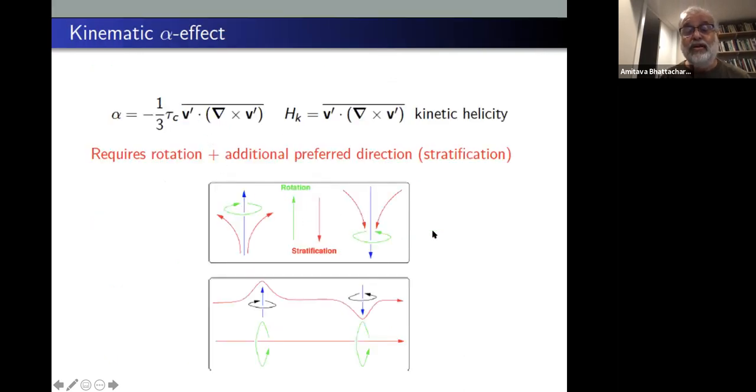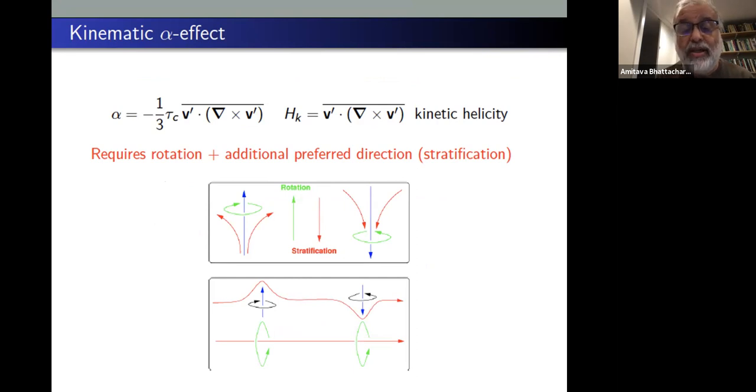And this is where Gene Parker's pictures became very, very important. He pointed out that if you have a stratification in the system, and the solar tachocline, if you think about it, the transition from the radiative zone to the convection zone, is a highly stably stratified system.